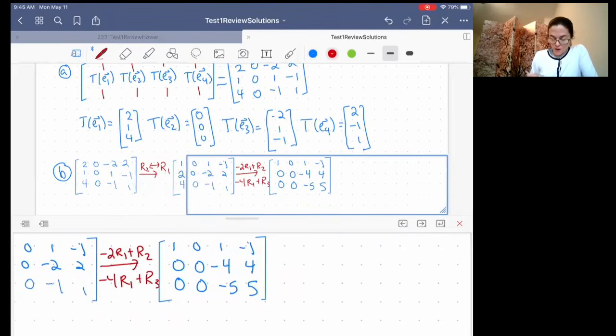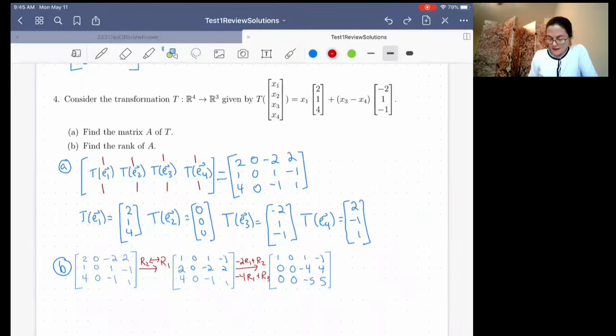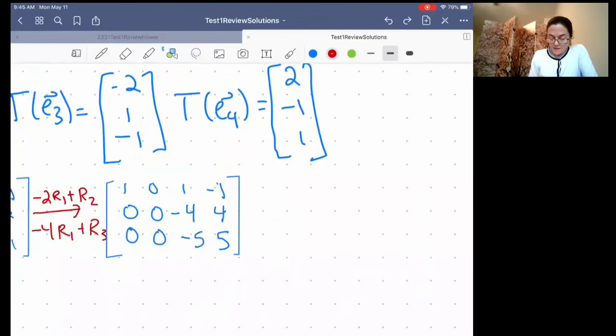What I'm going to do, though, because I want to be done with this last step, is I'm just going to take -5/4 row 2, add it to row 3. Yes, that's the right multiple.